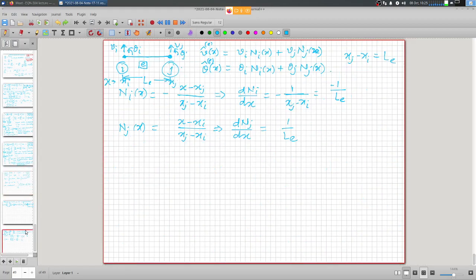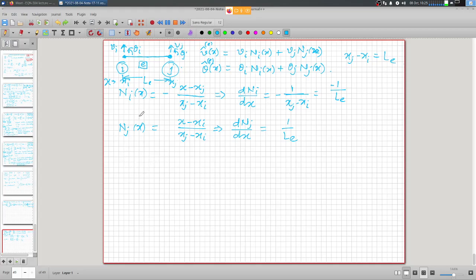And the interpolation model for linear interpolation can be easily derived from the Lagrangian formula. Of course, you can derive it using the coefficients a0 plus a1 x as the linear polynomial, and if you enforce the interpolation condition, then you will arrive at the same expression.